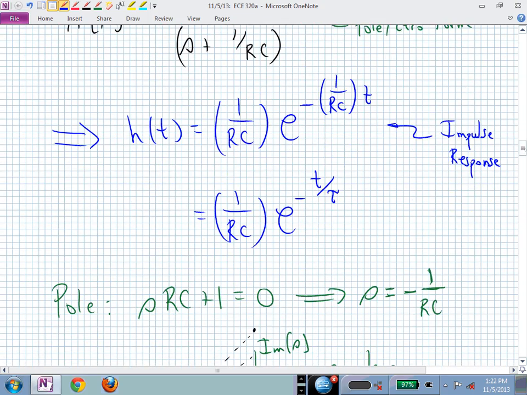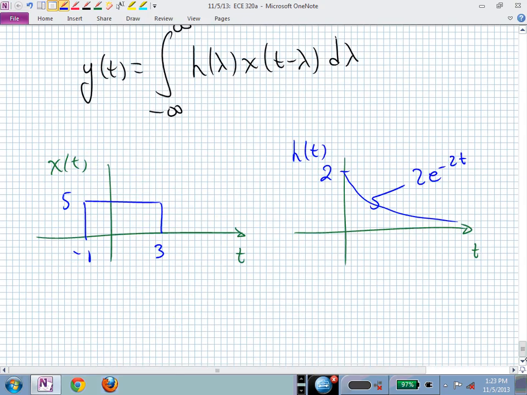So this is 2e to the -2t, right? We could find the appropriate RC being a half, and that would give us 2e to the -2t. And that was a low-pass filter.